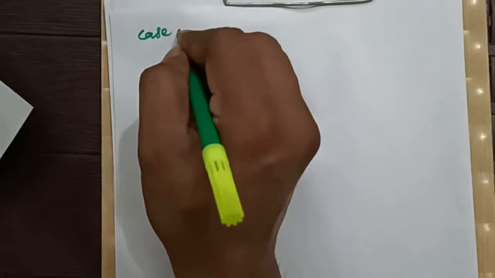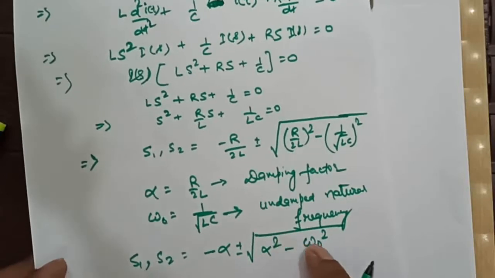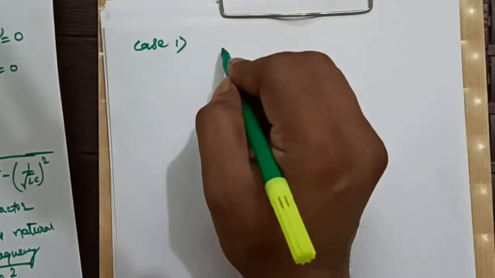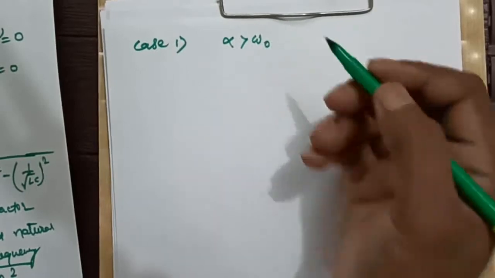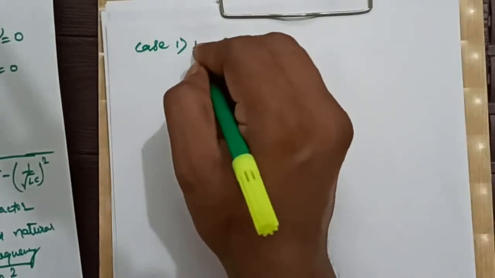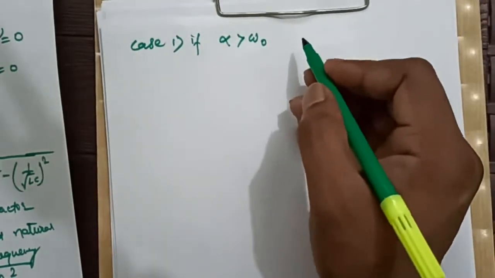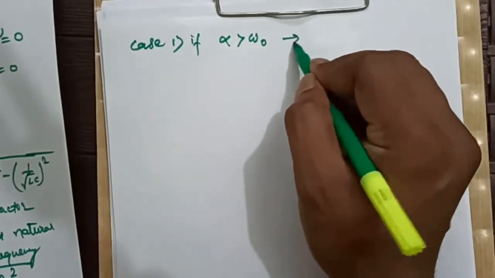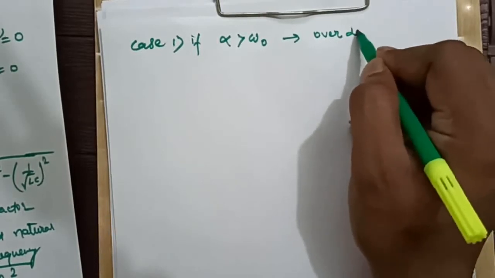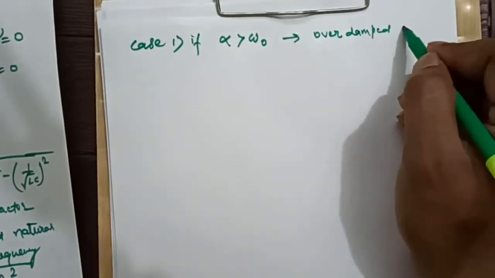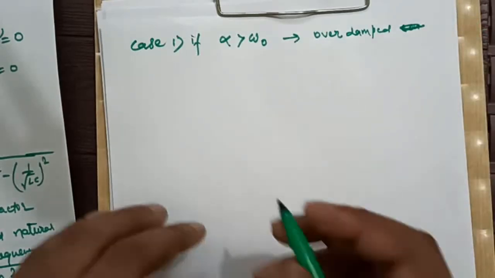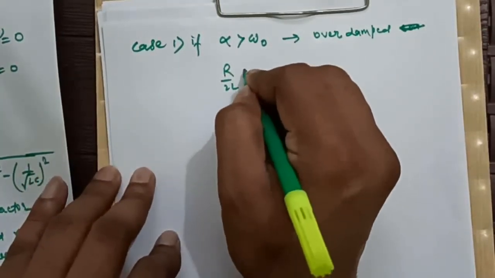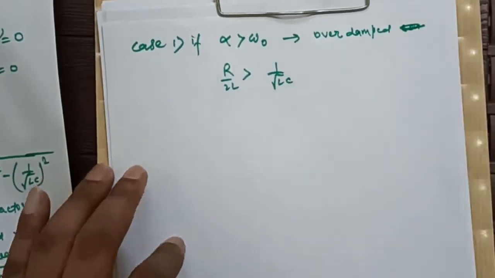Now considering the first case, case 1, what is that? Alpha is greater than omega naught. This case is called the overdamped condition, which means R by 2L is greater than 1 by root LC.